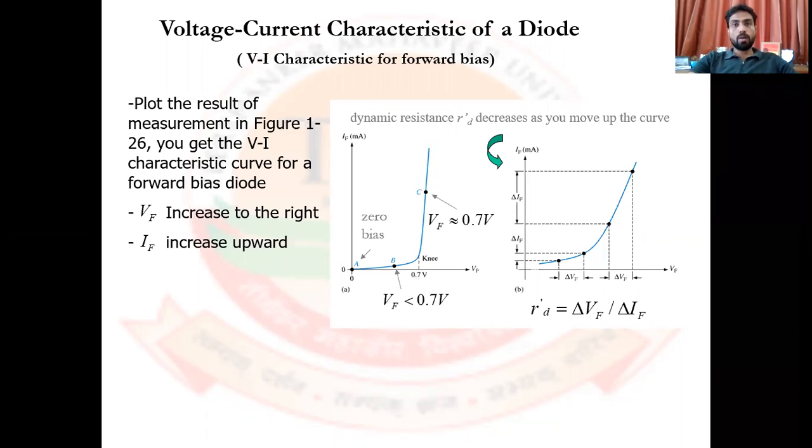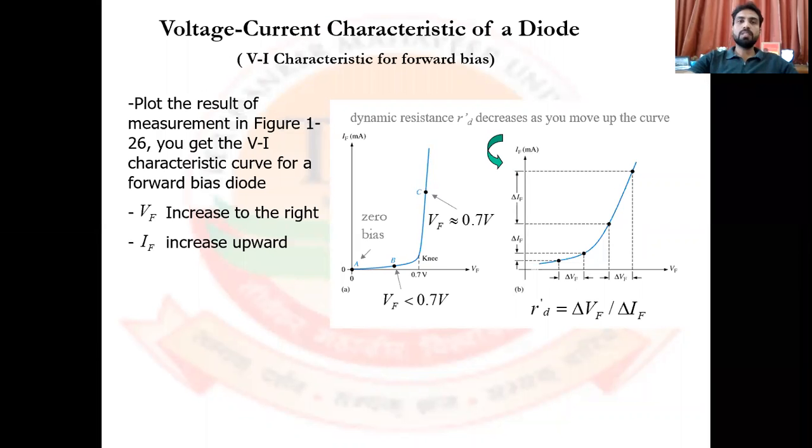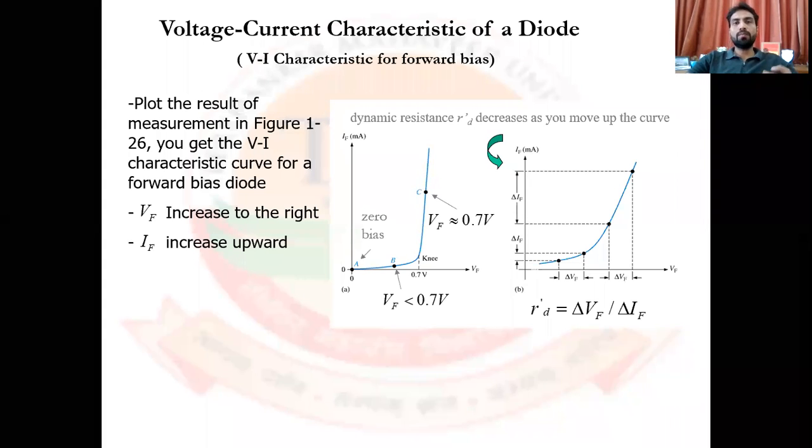Whenever we talk about the effect of flow of current when we are applying a voltage, that all depends on one thing: what kind of biasing you are using. Bias means the arrangement of circuitry, the arrangement of flow of charge carriers, the arrangement of a diode-kind of device.